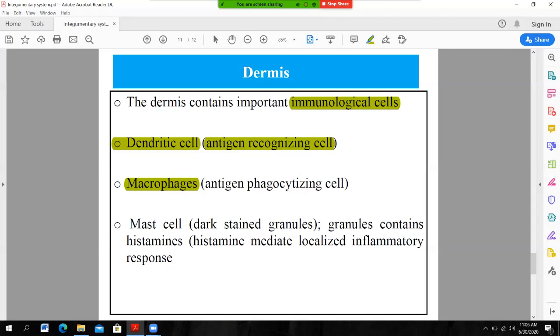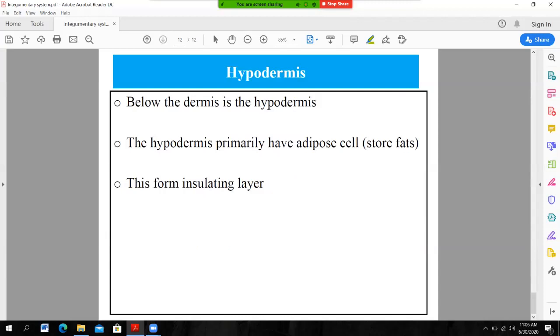The dermis also contains mast cells, which have a large nucleus and dark stained granules containing histamine. Whenever there is a traumatic injury to the dermis, these mast cells release histamine and mediate localized inflammatory responses. So these are the important cells found in the dermis.